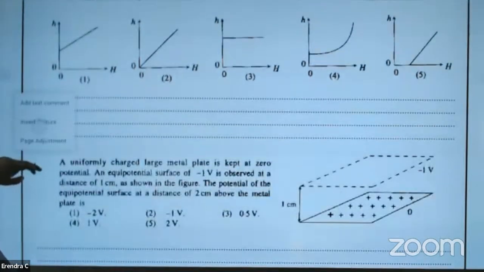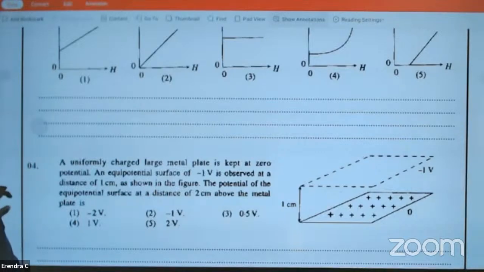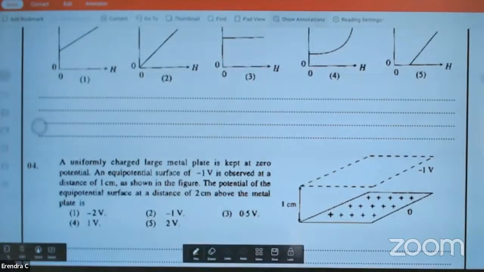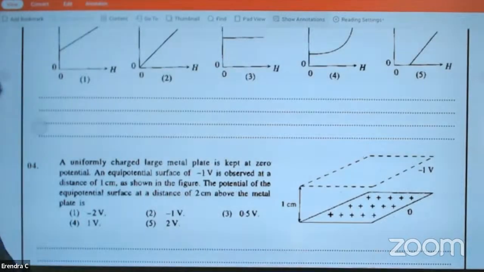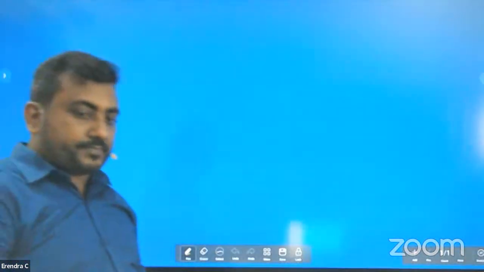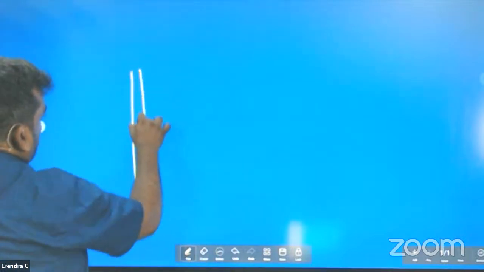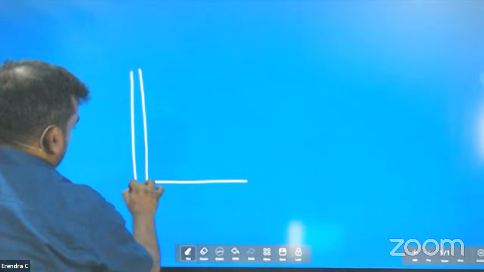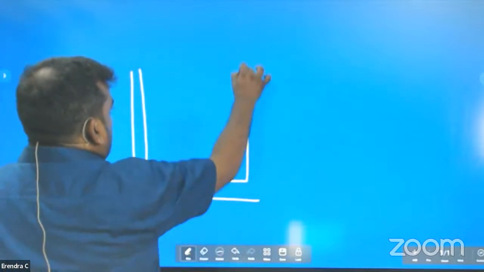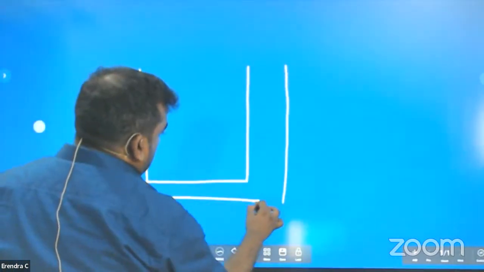I think I will redraw this for you. Observe. Here there is a very thin capillary tube. Here there is a thicker tube.